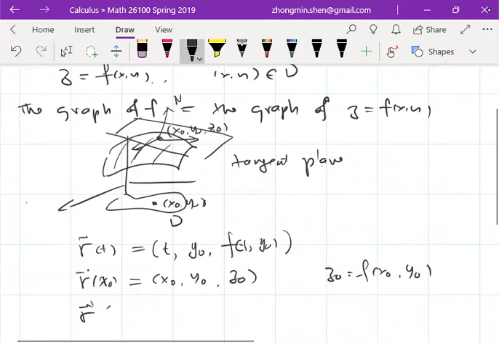The derivative of this vector function is going to be the tangent vector to the curve. Let me draw the curve.